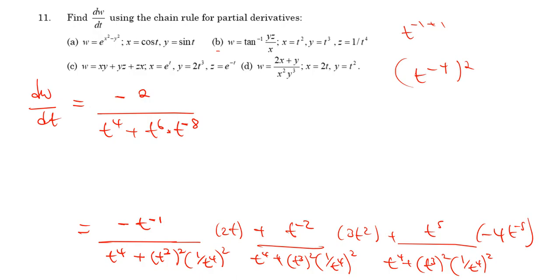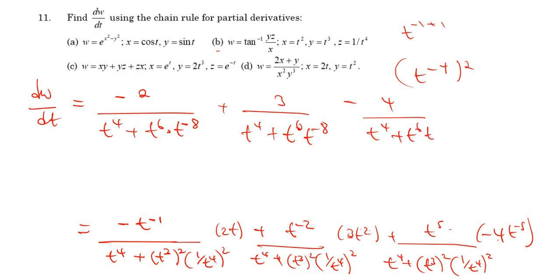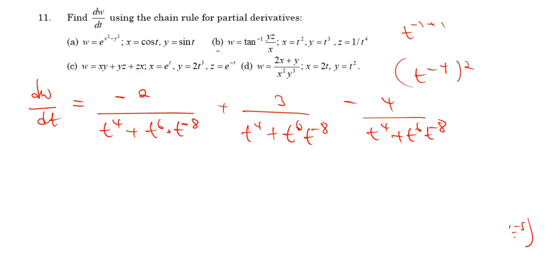You see the 2 is going to remain with a 3, so that will be plus the 3, then over down there the same thing, t to the fourth plus t to the sixth, then you have t to the negative 8 like that. The last part, same again, you remain with a negative 4, then you have t to the fourth plus t to the sixth, then t to the negative 8 like that.